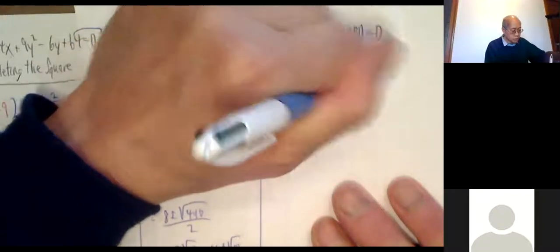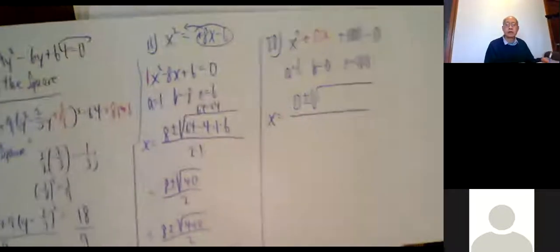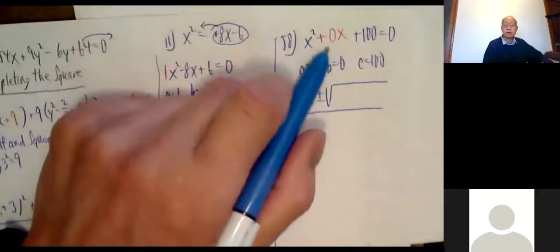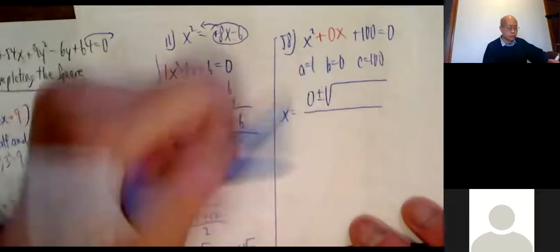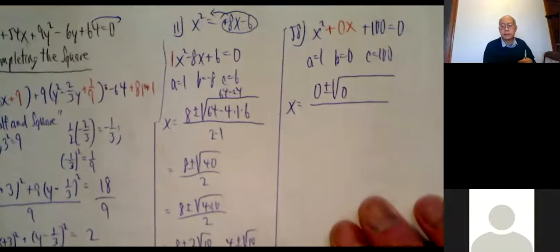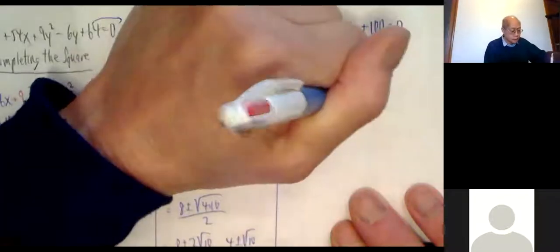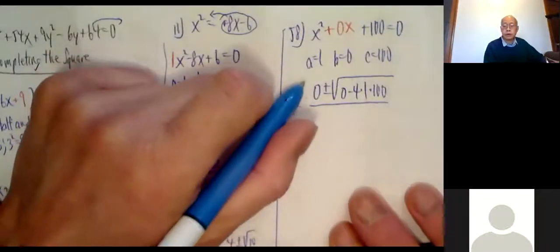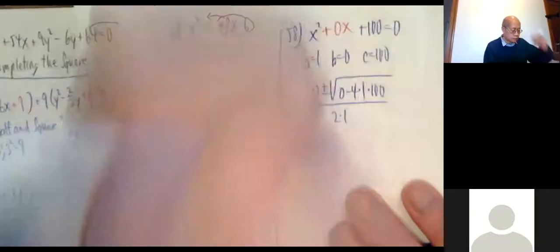Plus or minus square root of b squared, 0 squared, 0. Right now I got nothing. I like that. But now we got something: minus 4ac, 4 times 1 times 100, over 2a, 2 times 1.